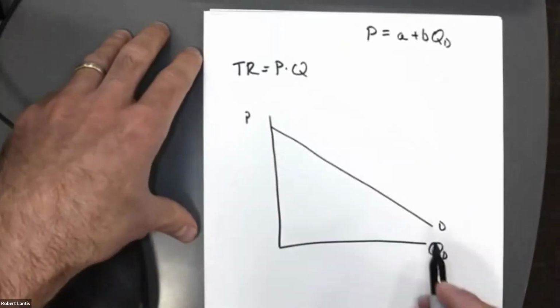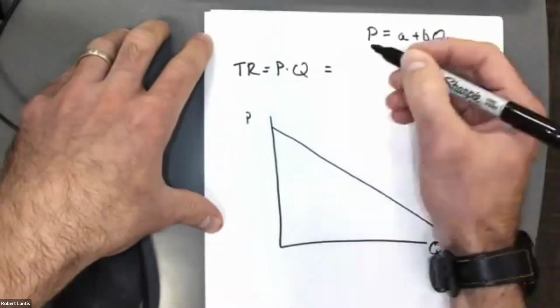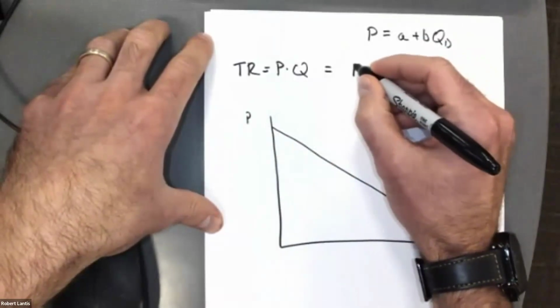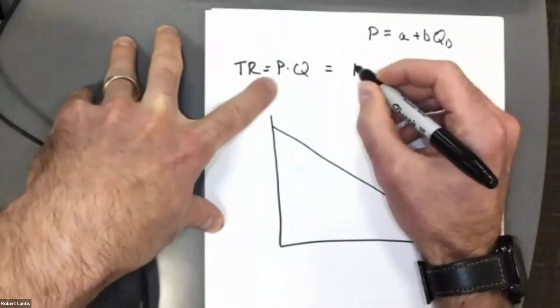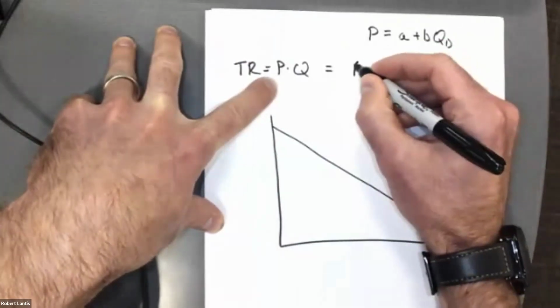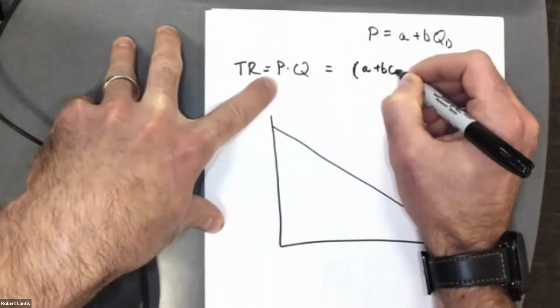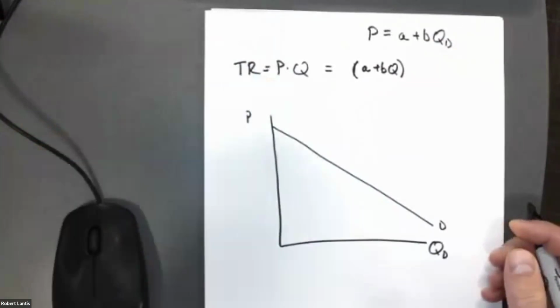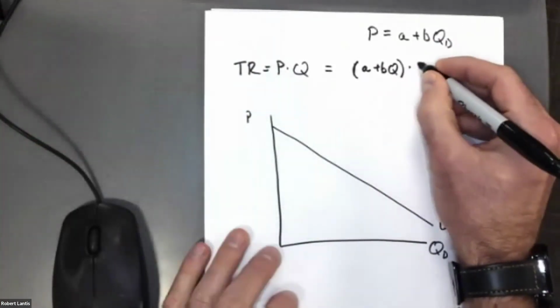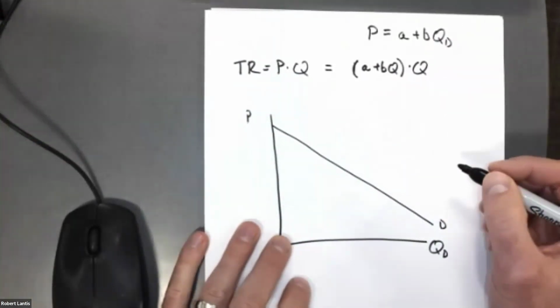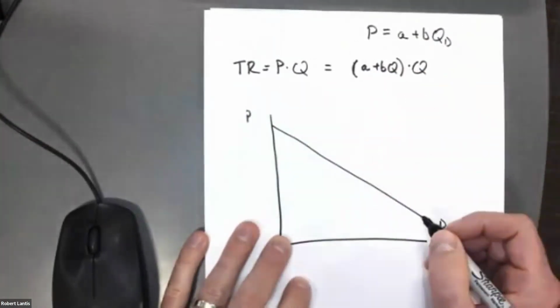So I can rewrite my total revenue equation by substituting in for price the equation that I have from my demand curve times that quantity I'm selling.